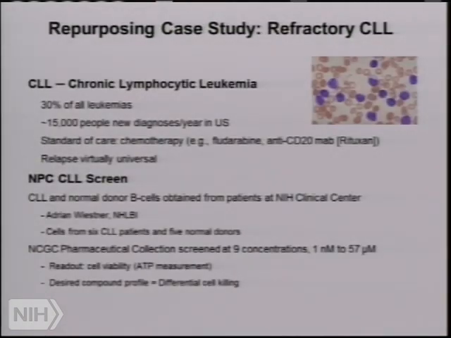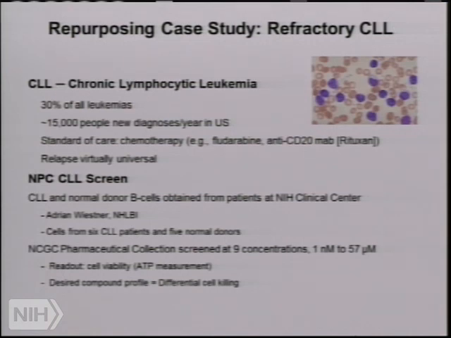And just a brief example of how we use this collection. This is an example of chronic lymphocytic leukemia. We work with a main campus investigator to test cells obtained from 6 CLL patients from the clinical center, compared with cells from 5 normal non-cancer donors.